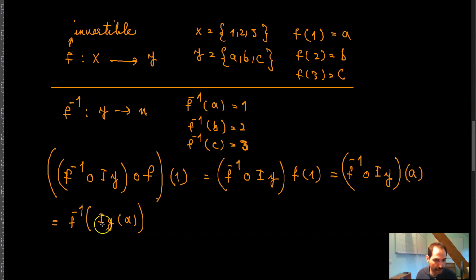If you give it an a, it will give you back an a. If you give it a b, it will give you back a b. If you give it a c, it will give you a c. But you cannot enter anything else into this function, because it accepts only the members of the set y, because it's the identity function on set y.